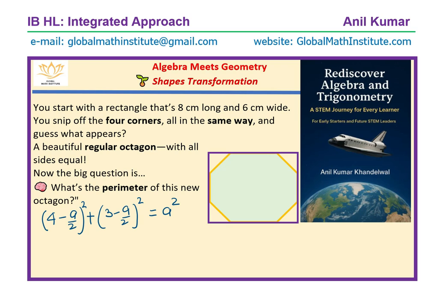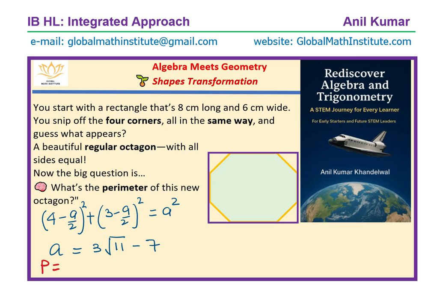This quadratic equation, when you apply the quadratic formula, will give you the value of A as equal to 3 square root 11 minus 7. Perfect. And of course, when you multiply this by 8, you get the perimeter.